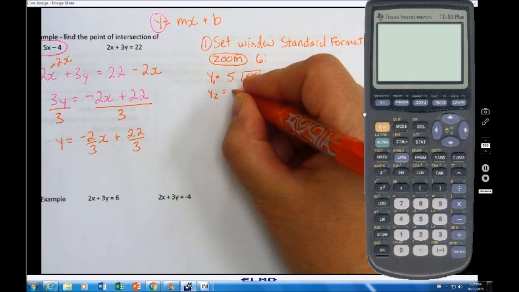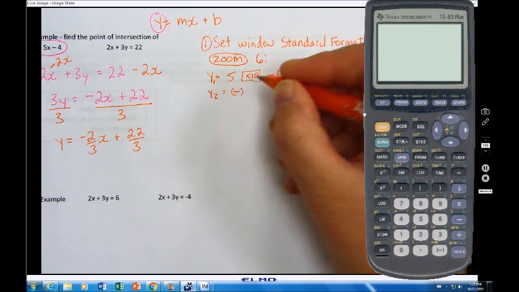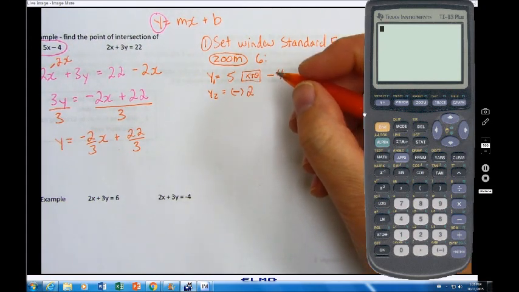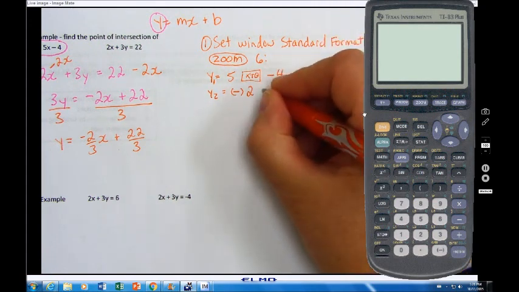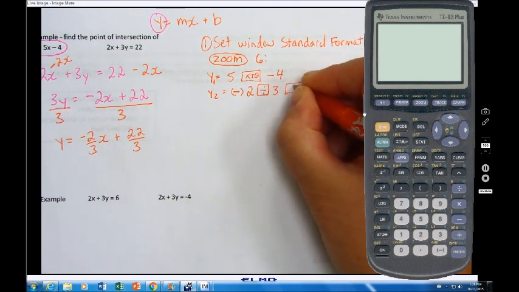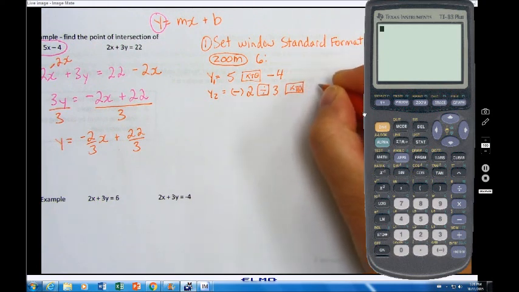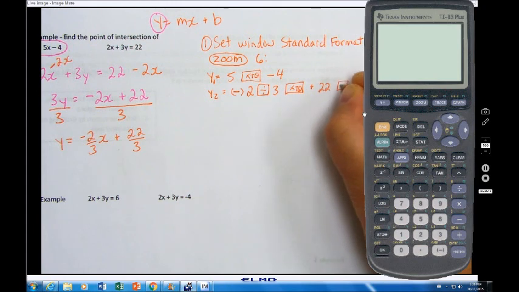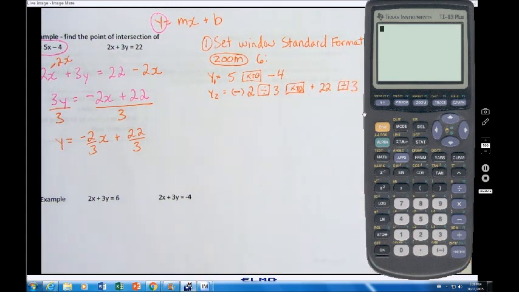Make sure you use a negative sign, which is the negative in brackets. Your calculator does not like using a minus sign for a negative. And then it would be divide, which gives you a fraction bar, 3, your X button, and then plus 22 divided by 3. So we'll just put those equations in.